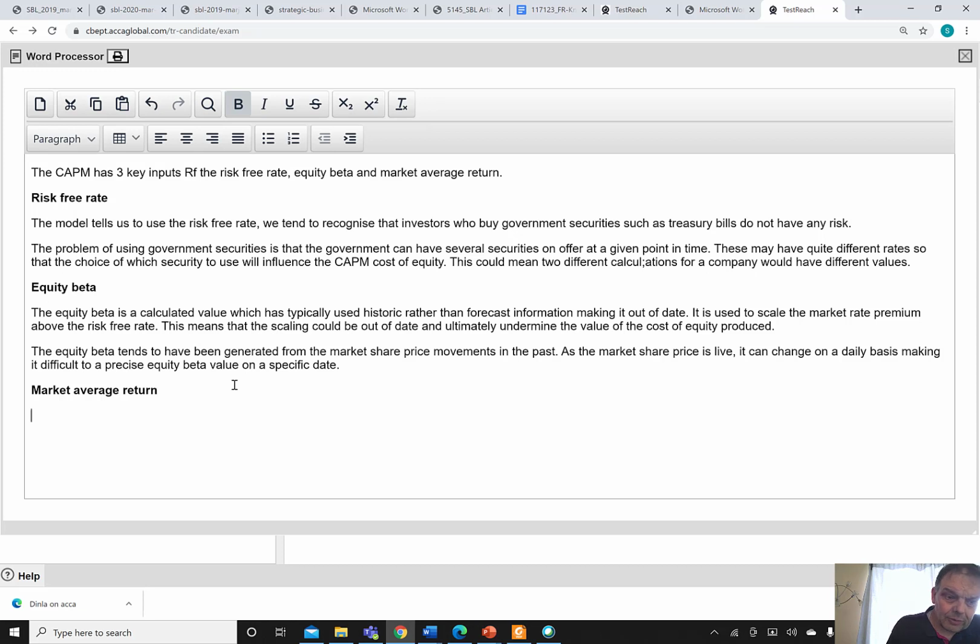The market average return is probably the most problematic of them all. The average return in the market, the words market and average are ambiguous.